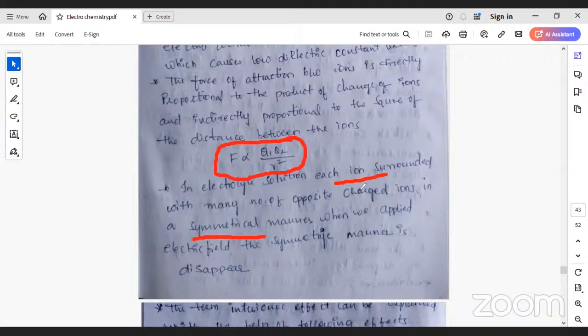That surrounding is a symmetrical environment. Once we apply the electric field, that symmetrical environment may disappear and an asymmetrical environment may appear, so that we'll see.